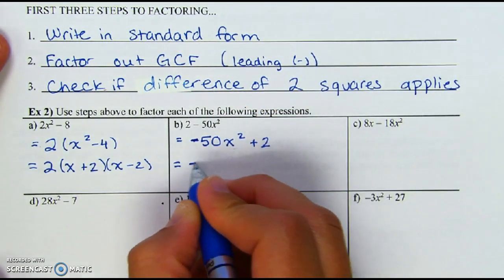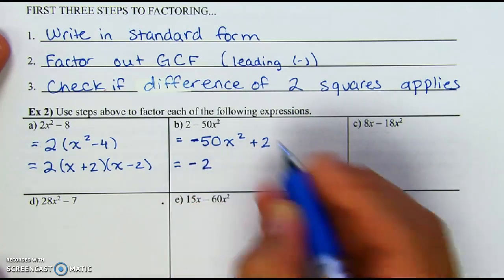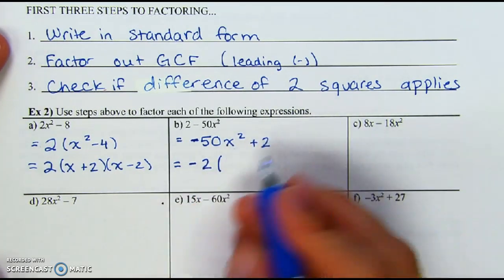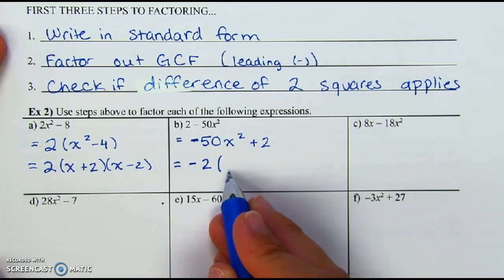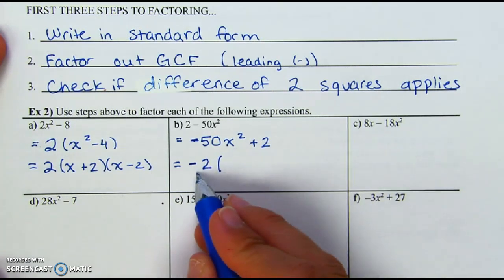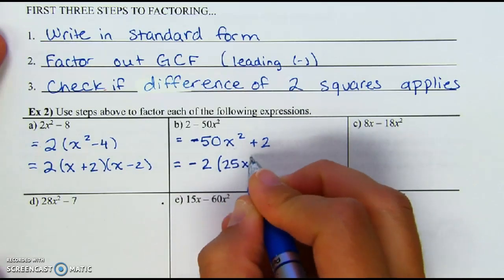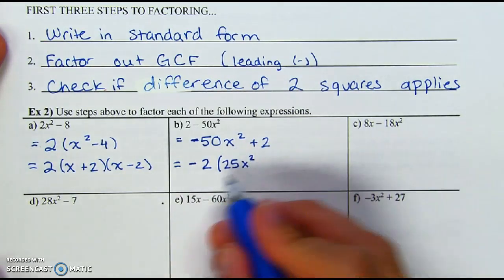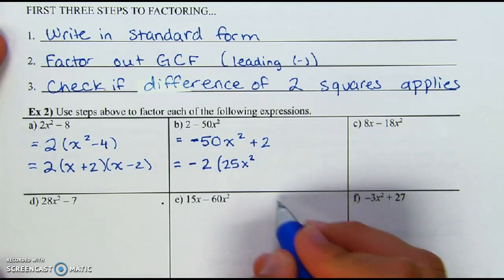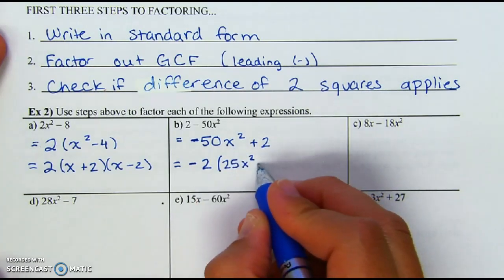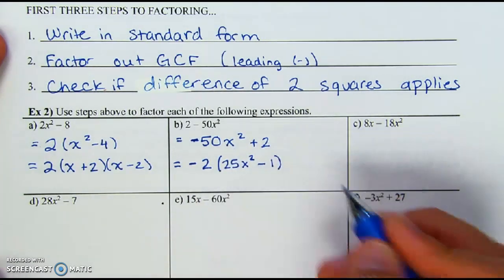So what that means is our greatest common factor is a negative 2. Okay. Negative 2 times what is negative 50? Negative 2 times what is positive 2?